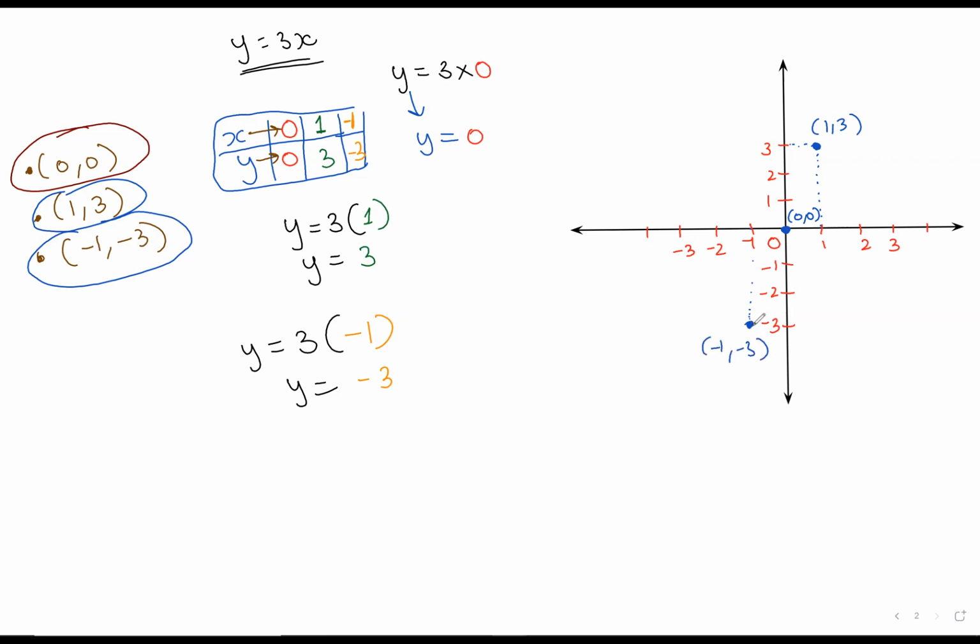So these are the 3 points. Now we simply take a ruler, a scale, and we connect these 3 points.